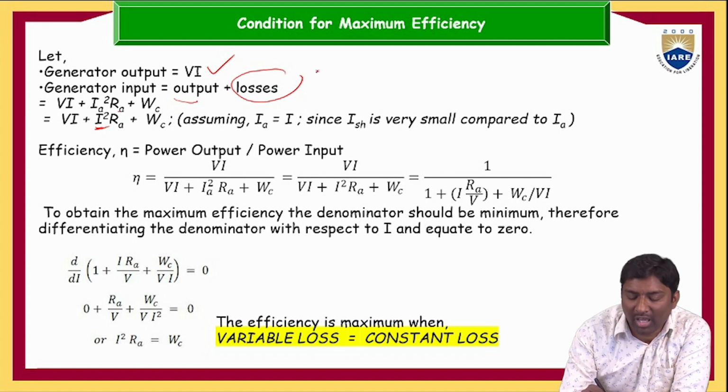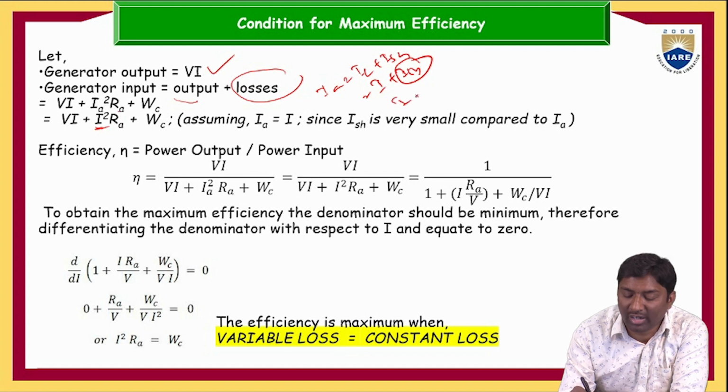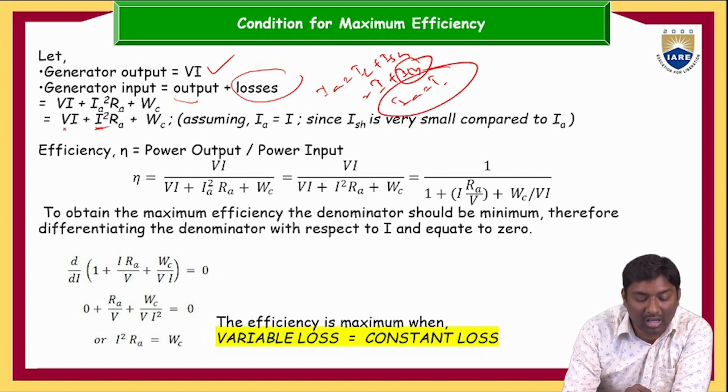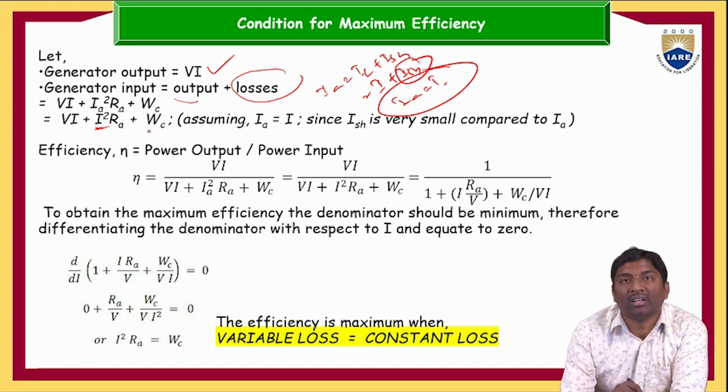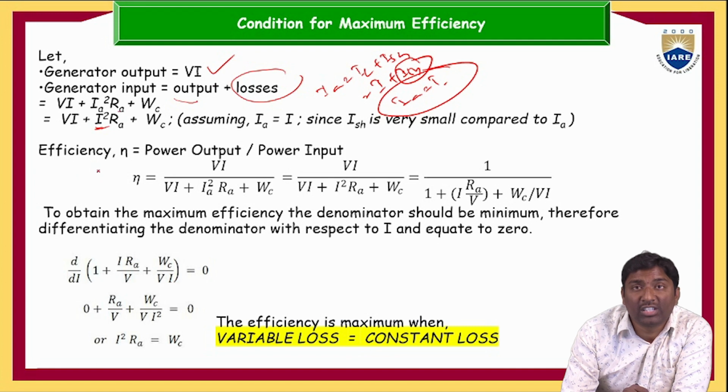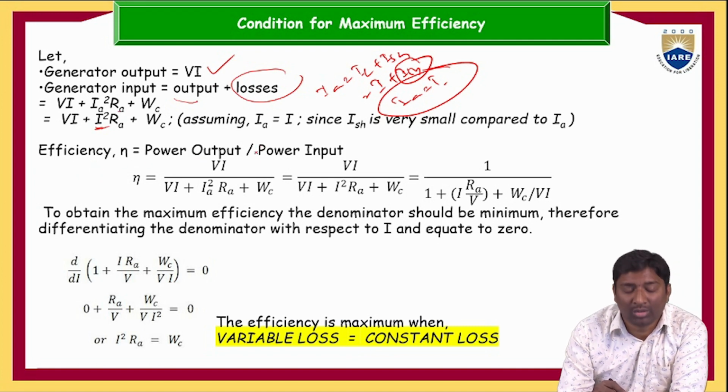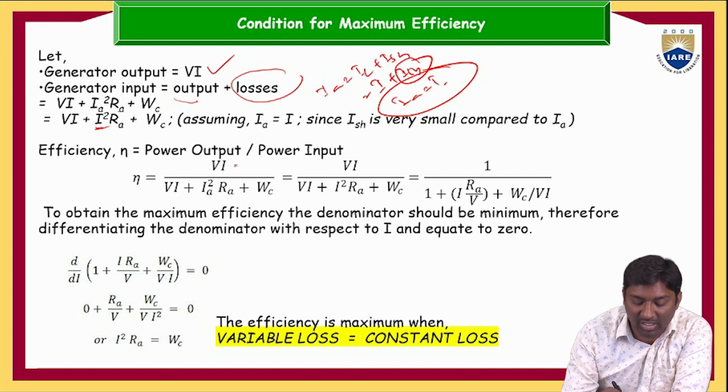According to the generator equation, Ia is equal to IL plus Ish, and I am taking Ish as negligible, so Ia is equal to I only. So I take VI plus I square Ra plus Wc. Then the efficiency is equal to power output by power input. What is the power output here? V into I. What is the power input here?